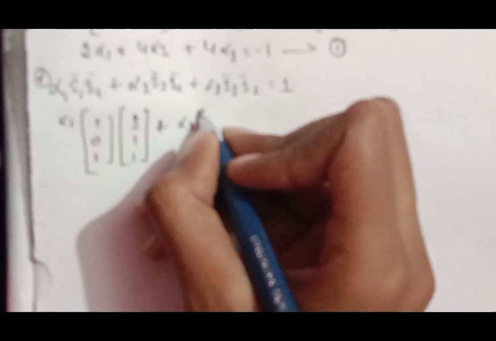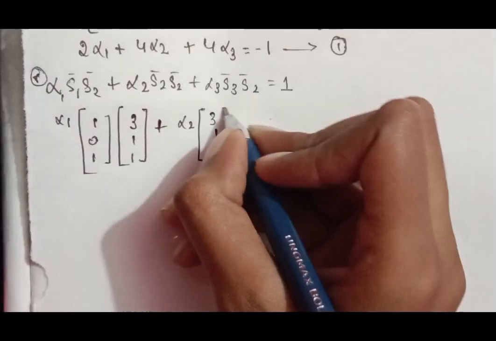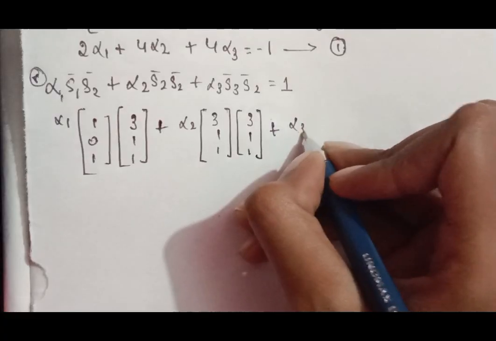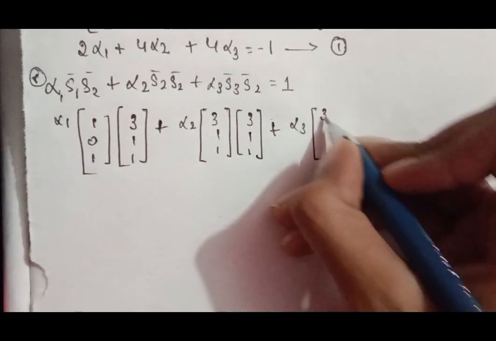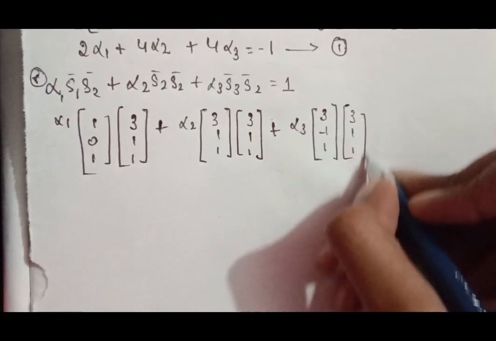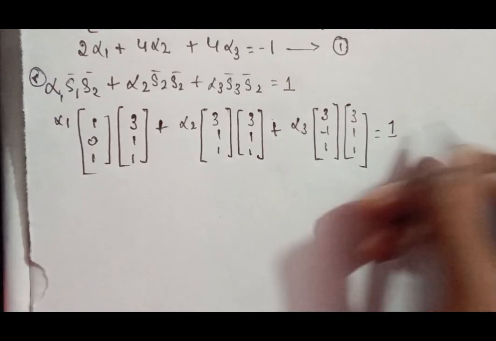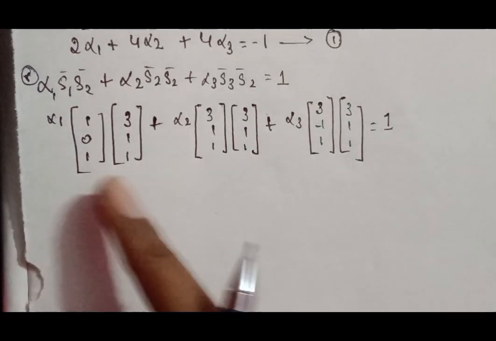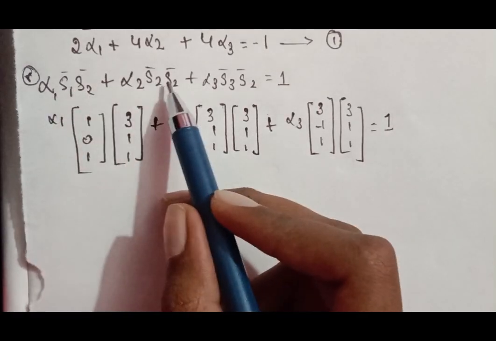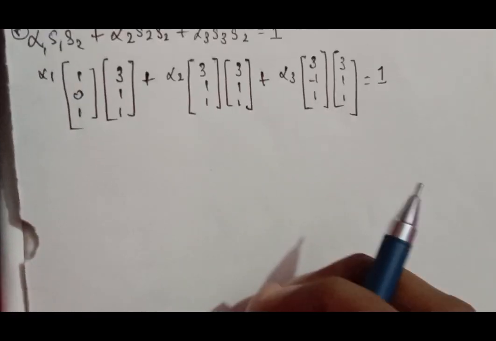Alpha 2, keep it as it is, S2 3 1 1, 3 1 1. Alpha 3, keep it as it is, S3 is 3 minus 1 1 and S2 is 3 1 1, which is equal to 1. We are just substituting the values of S1 S2, S2 S2, S3 S2. Okay, so this is the term.